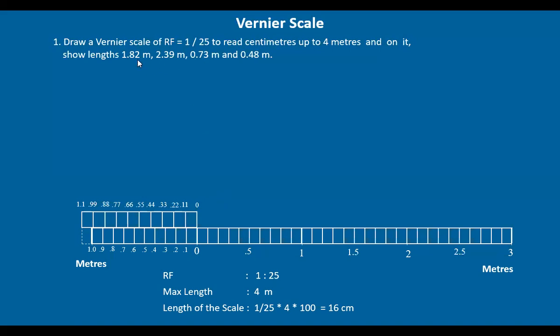Now, I want to show 1.82. Let's divide this into 0.22 plus 1.6, because 0.22 is readily available here, right? Based on the second decimal place, I have taken this 0.22, and 1.82 minus 0.22 gives 1.6.